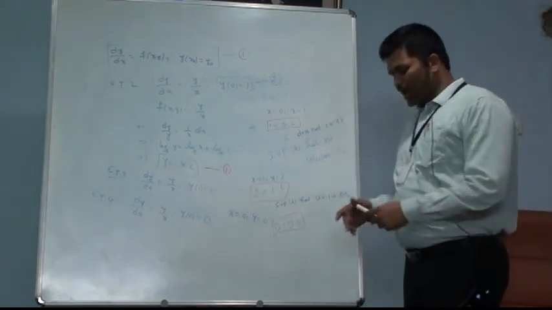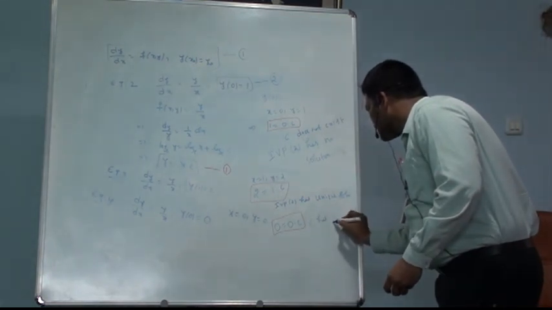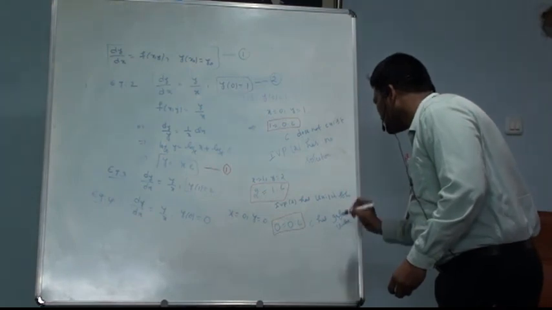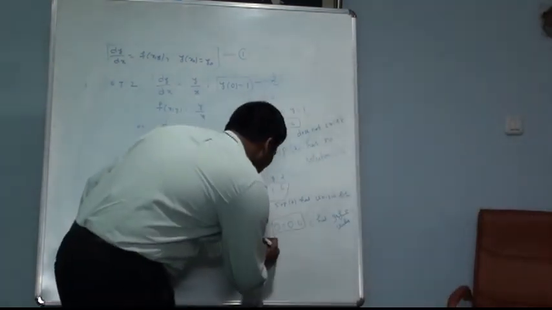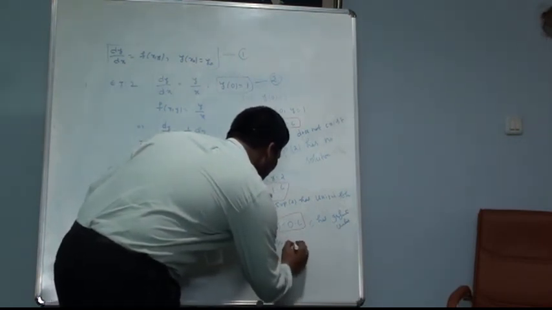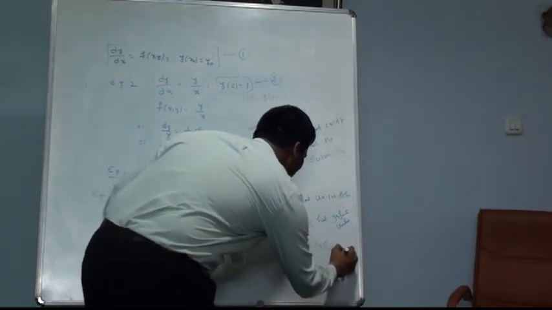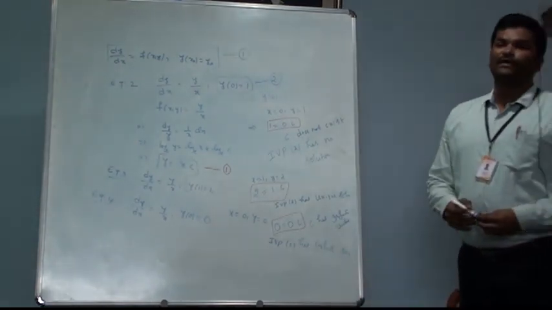LHS is equal to RHS. Therefore, c has infinite values. Therefore, how many solutions does this IVP have, my dear children? Infinite solutions. This IVP has infinite solutions.